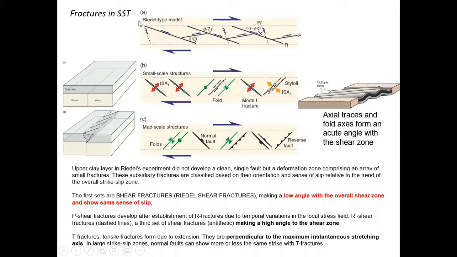These dashed lines in the first diagram are R prime or second order fractures, secondary redoubt shear fractures. So first one is these solid black lines with same sense of slip with the main strike-slip fault zone. If you look at the strike-slip fault zone, it is a right lateral textural strike-slip fault zone.